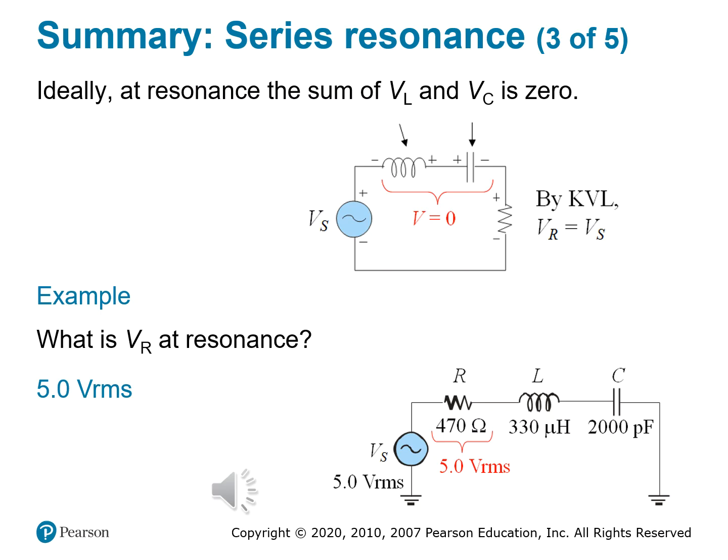So V sub R is equal to V sub S, which in this case is 5.0 volts RMS. Again, so clear, so elegant. It's like electric poetry. This is the sweet spot of resonance. No reactive voltage, just resistance, and your signal flows smooth and strong. And that's it. So go ahead and catch your breath. We've still got a couple more slides before resonance really starts to dance.